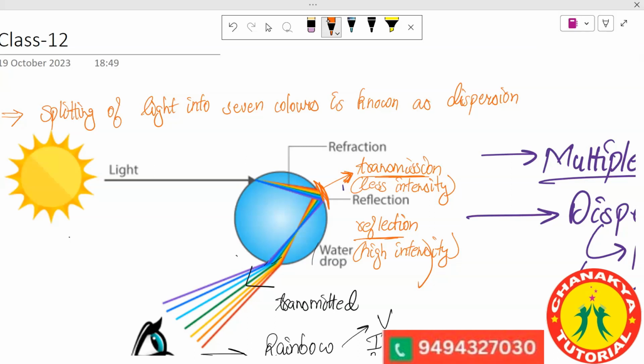When we spin the disk very fast, we'll be able to see white light. So what are you asking me regarding that? Sir, are we able to see white light because we are not able to perceive the light, since our eye can capture only one in 1/16th of a second, or is it because we are able to see that the colors are merging?